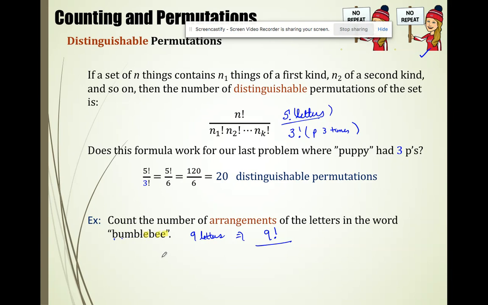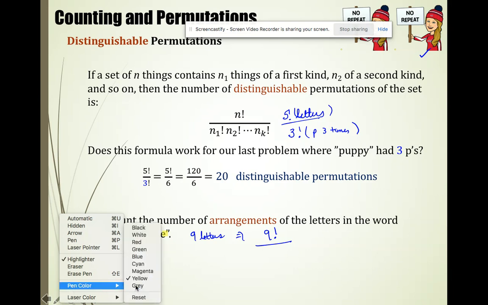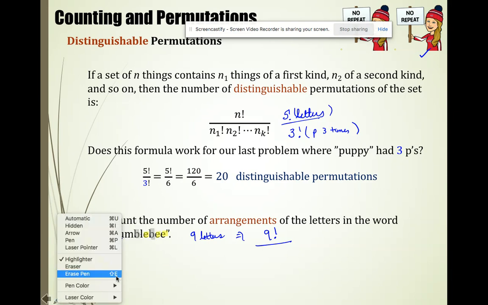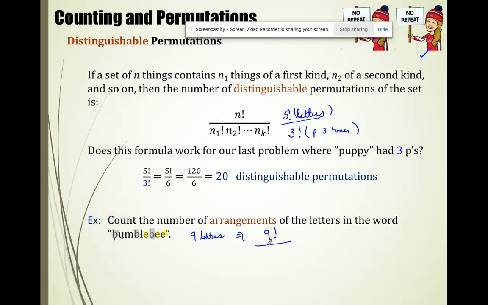The E is repeated 3 times, but what else? The B is repeated 3 times. Nobody else is repeated. So what does that mean?